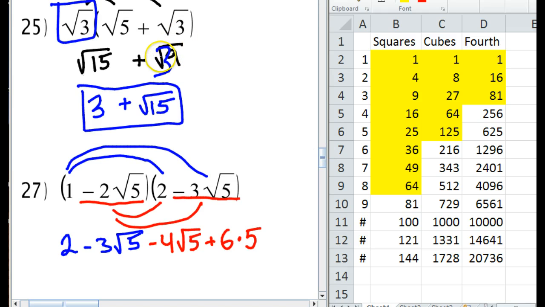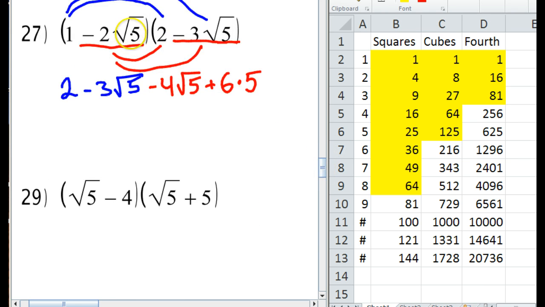So you see up here, I actually wrote out root 3 times root 3 is root 9, which equals 3. But it's possible just to say, well, root 3 times root 3 is 3. Skip the middle step there. You multiply a radical times itself, you get whatever's inside. Okay, so root 5 times root 5 is 5. Alright, so we have a little simplifying to do.